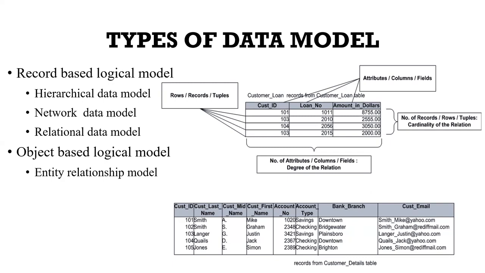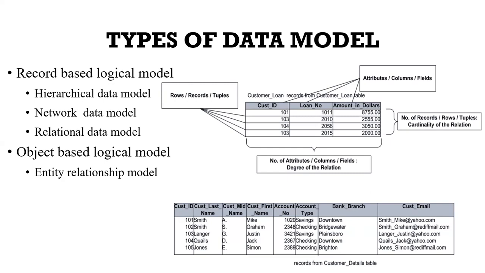You can see the table structure shown as a figure here. These are called relational data models. The first table mentions the customer ID, loan number, and amount in dollars. This entire relation is the customer loan records from the customer loan table.